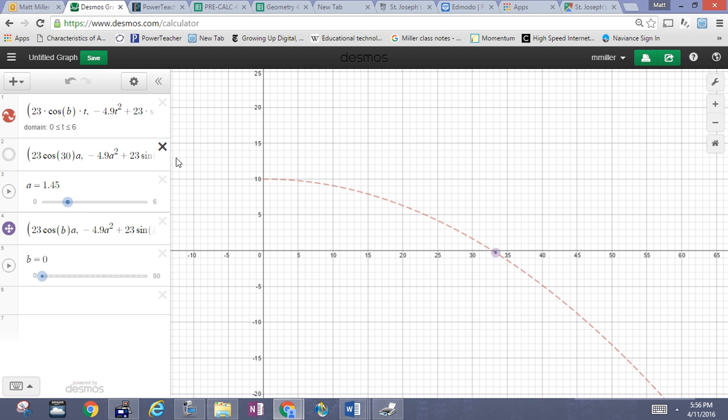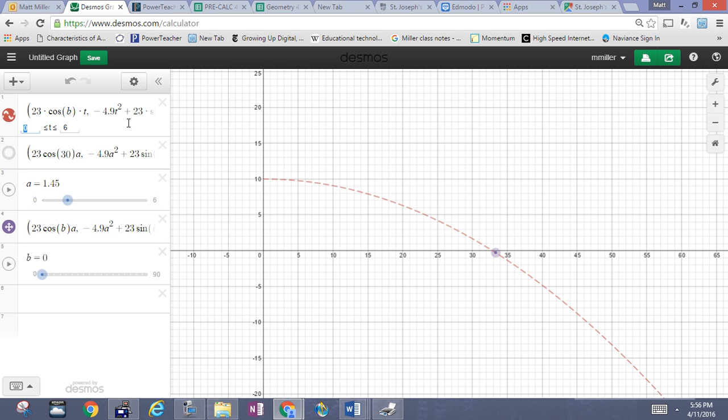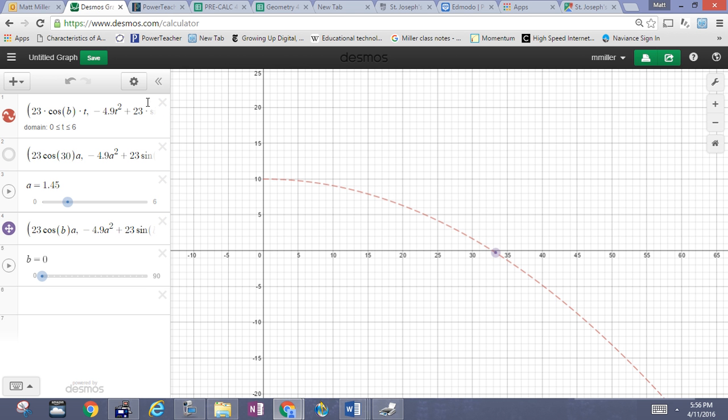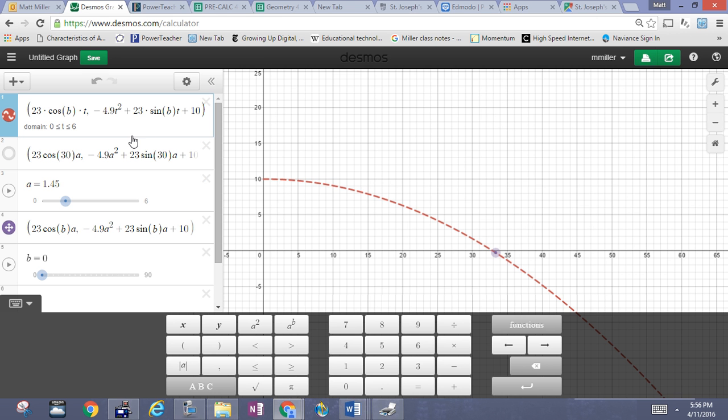Now, basically, if the angle is 0, if we come back up here and look at our working equations, the cosine of 0 is 1, so this just collapses to the velocity times time.